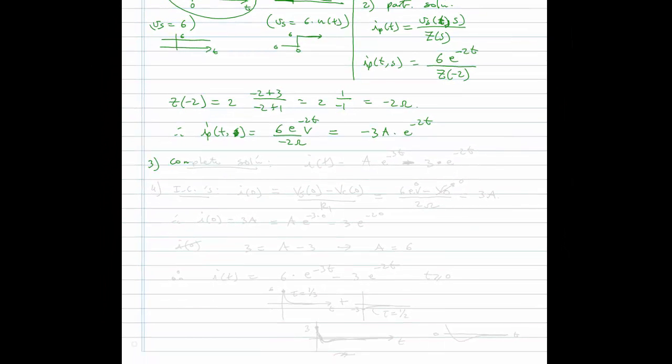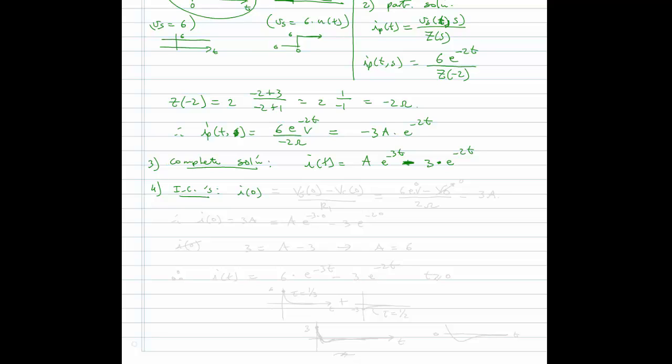Finally, the complete solution is therefore I of t is equal to the homogeneous, which is A e to the minus 3t, plus, I'll say minus, 3 e to the minus 2t. Now satisfy initial conditions.